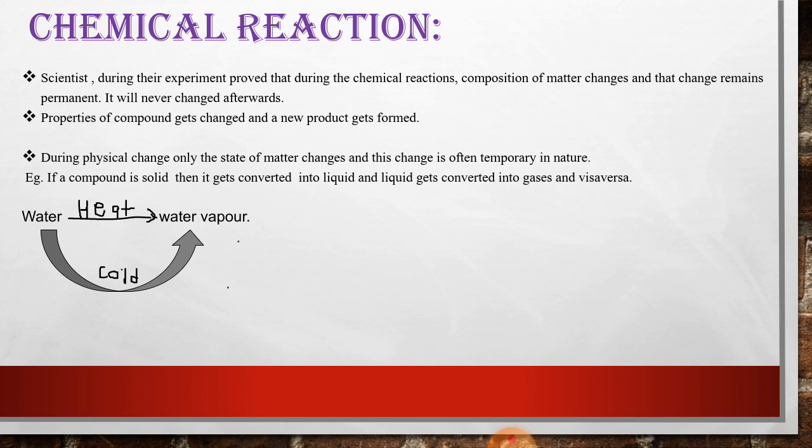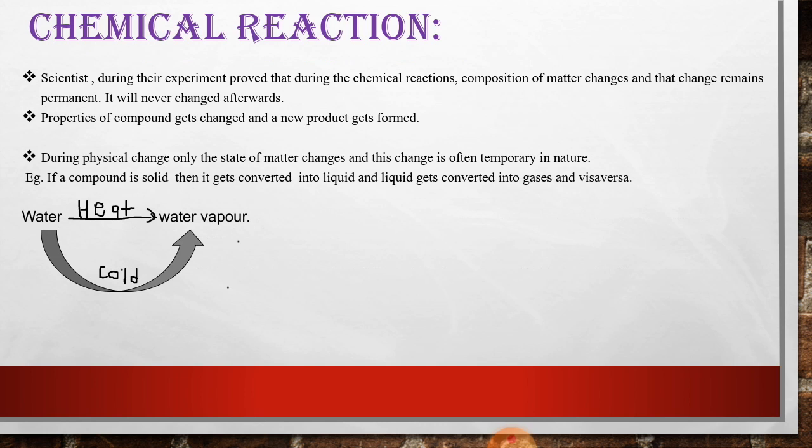What is a chemical reaction? Scientists proved during their experiments that in a chemical reaction, the composition of matter changes and that change remains permanent. The properties of the compound get changed and a new product is formed.